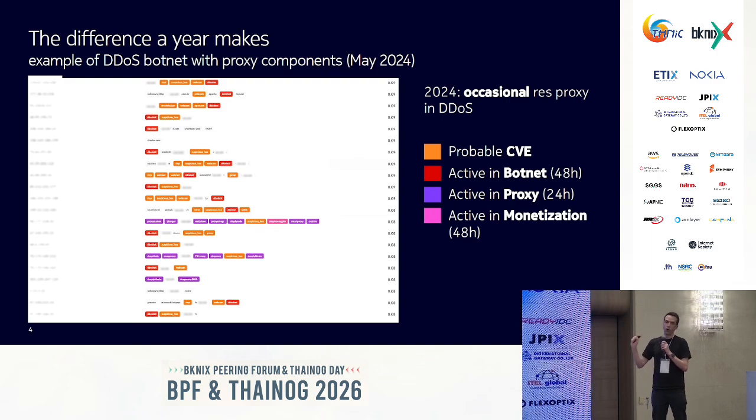In orange, this is when we know that there is some kind of vulnerable device behind that IP address. It can be a security camera, it can be a compromised router, plenty of IoT devices that can be exploited by those botnet operators. And in red, this is when we have actually seen that IP address in a recent DDoS attack. So this was very, very typical, at least for several years in the past.